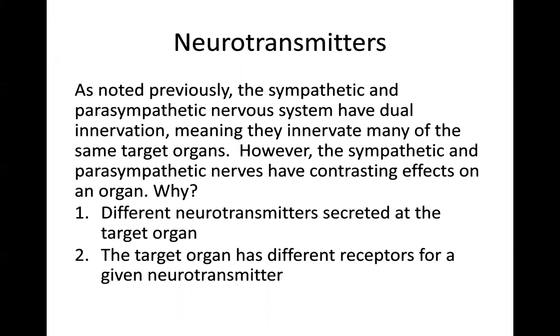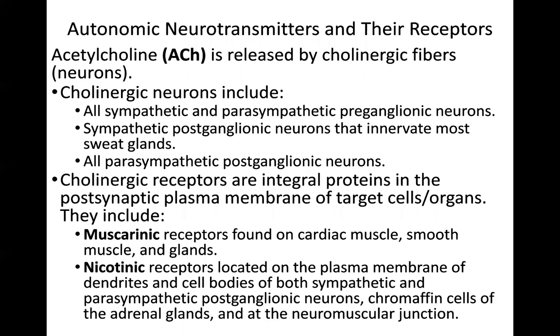We're going to talk for the next couple of slides about neurotransmitters and receptors, starting with one I just mentioned and one that we introduced last week, acetylcholine. Acetylcholine, capital A, capital C, lowercase h, is released by what we call cholinergic fibers or cholinergic neurons.